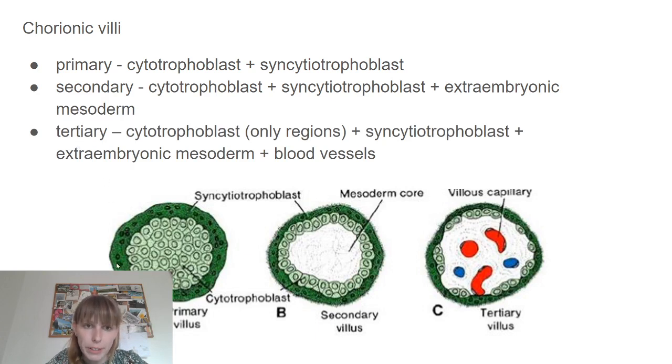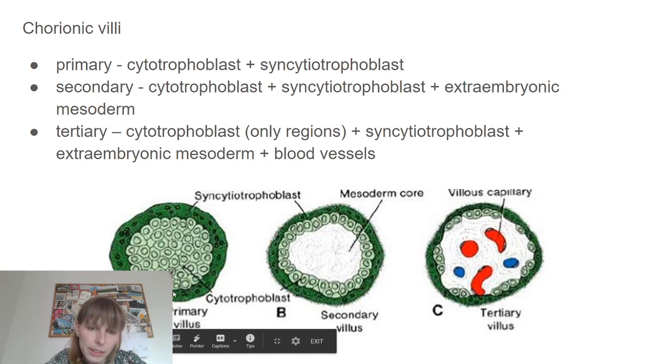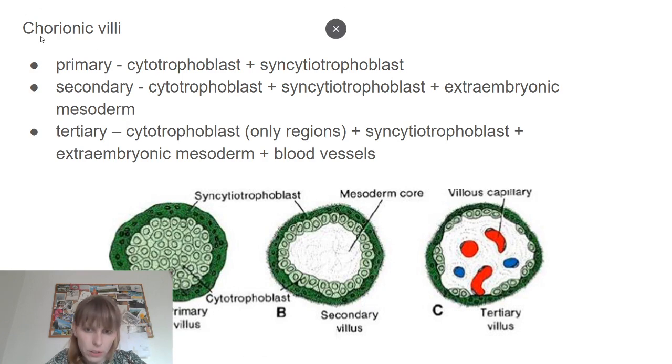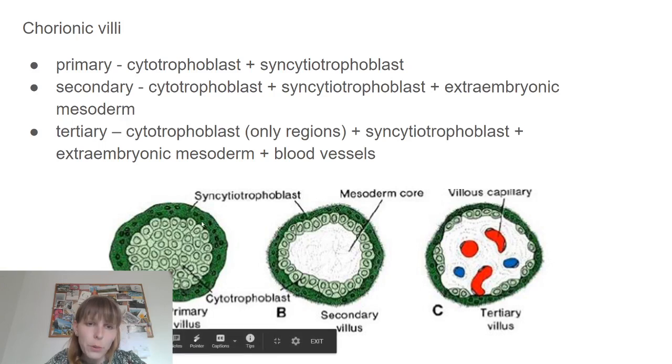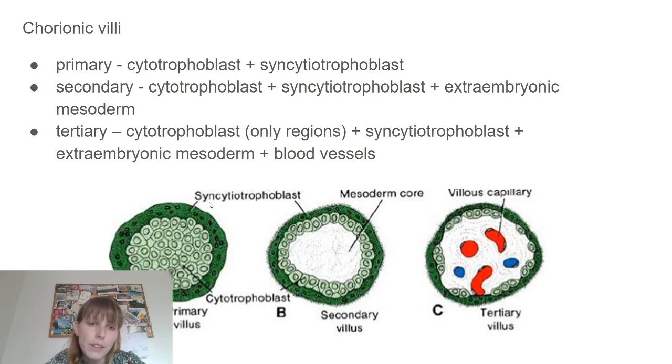So primary villus will just be cytotrophoblast and syncytiotrophoblast. So it's chorionic villus, so it's just chorion. And the chorion will, at the beginning, be just cytotrophoblast and syncytiotrophoblast. To remember which one is which, syncytio means that the cells are fusing.